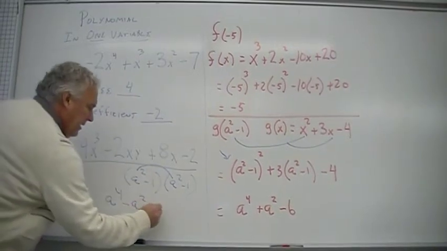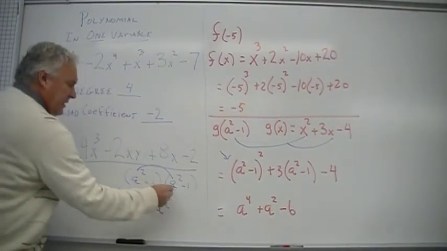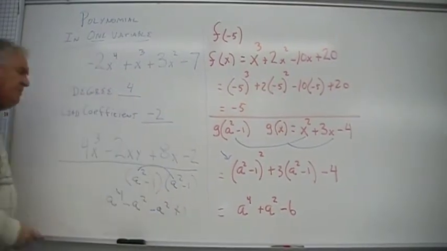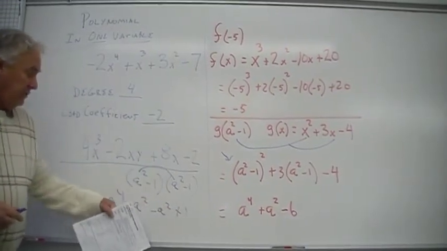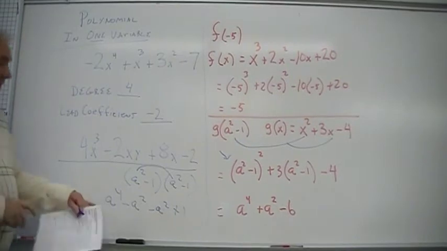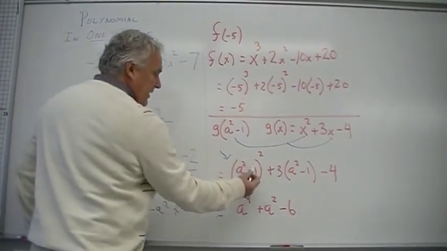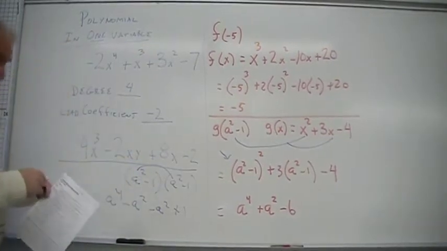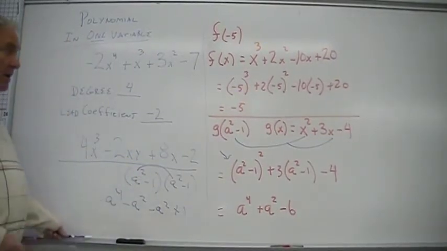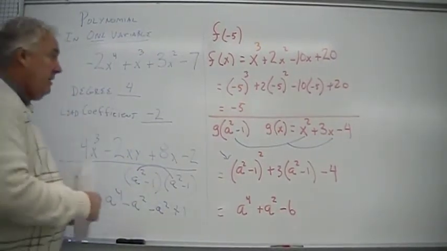Minus 1 times a squared is another minus a squared. Minus 1 times minus 1 is plus 1. So I'll let you continue to combine like terms, but that's what this is. A squared minus 1 squared, and you have to use your rules of exponents. Okay? So there's another new thing that we have.